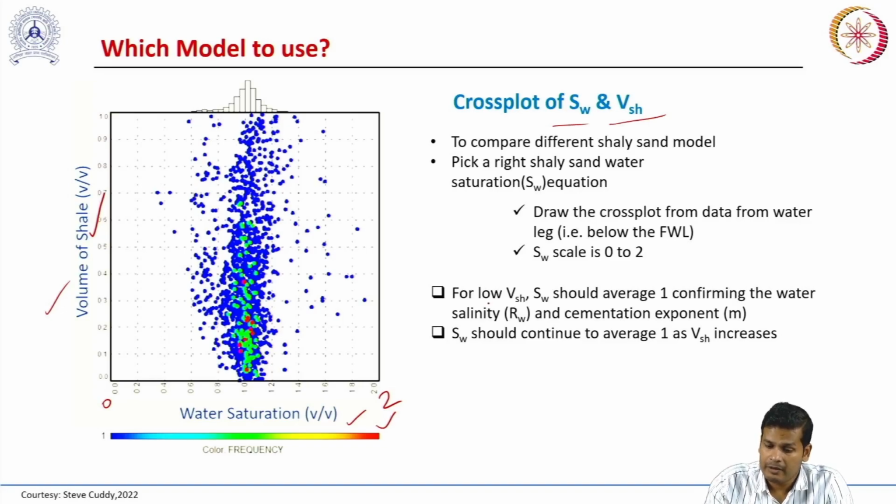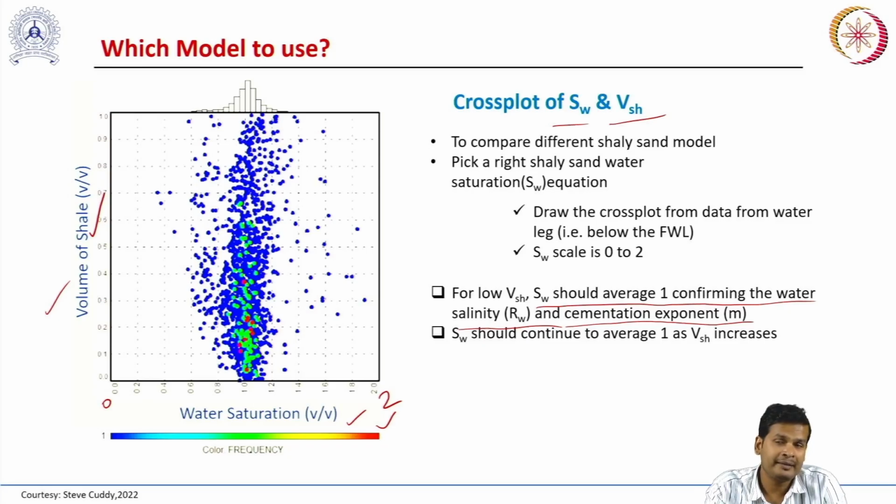Then for low shale volume, Sw should average 1, confirming the water salinity and the cementation exponent m. That means I have used the right value of m and the right value of formation water resistivity if I am getting formation water saturation equal to 1 in a low shale content reservoir.